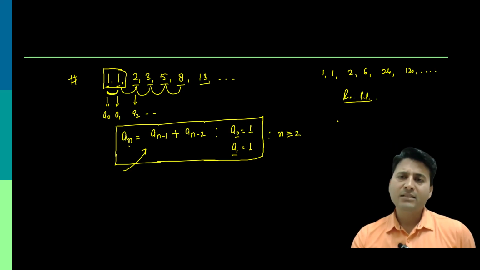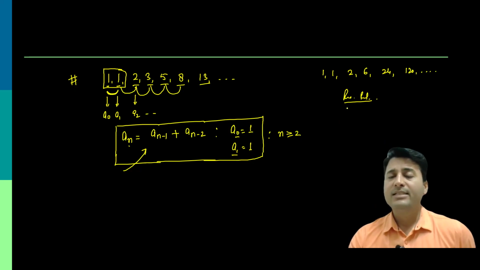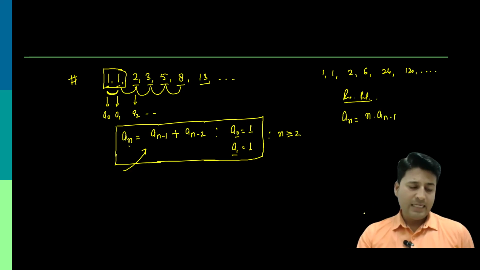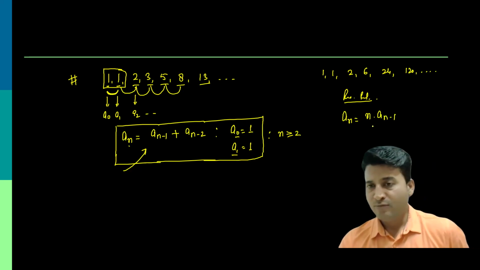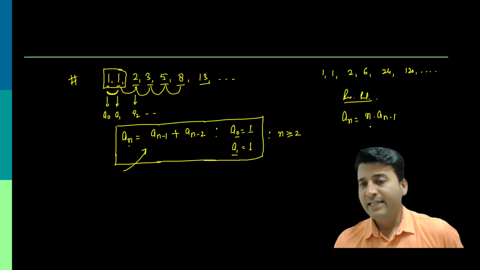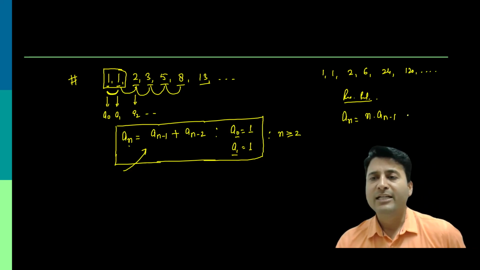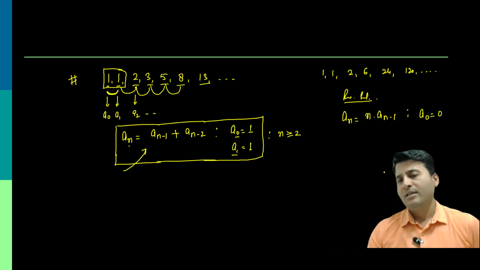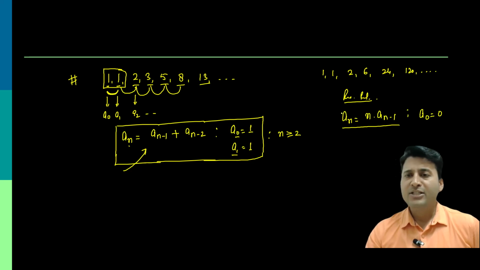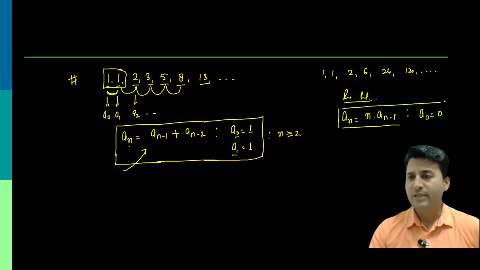The recurrence relation for this sequence comes out as an equals n into an minus 1. This is how we can make a sequence from it, like a1 will equal 1 into a0. That means I need to give the initial condition a0. So this is the recurrence relation for this sequence.